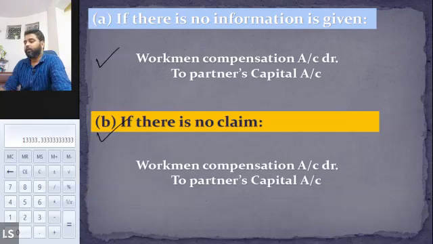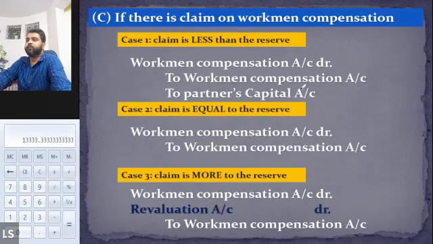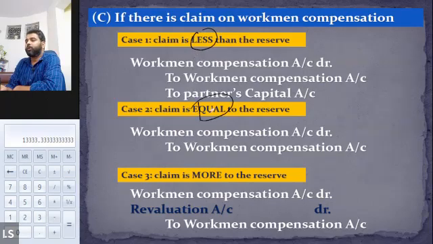All right. And in the last case, when there is a claim on workman compensation, then such claim could be less than the reserve that we have made, it could be equal to the amount of reserve that we have made, or it can be more than the amount of reserve that we have made.